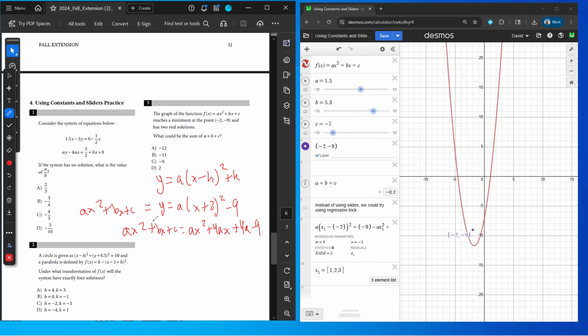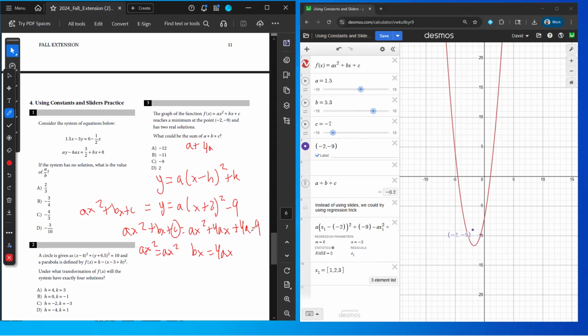Then this is where a lot of students get stuck. One, ax squared must match up with the ax squared, so that doesn't tell us what the a value is. But the bx must match up with 4ax. And since we're trying to solve for the sum of a plus b plus c, we could say a, and then the b value is 4a. And then lastly, the c.